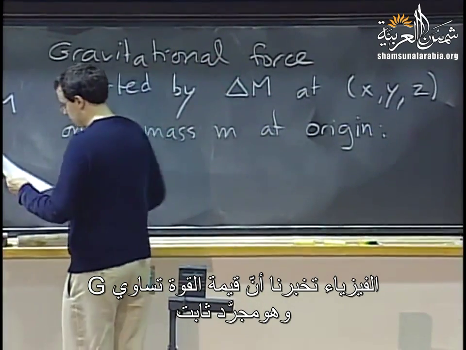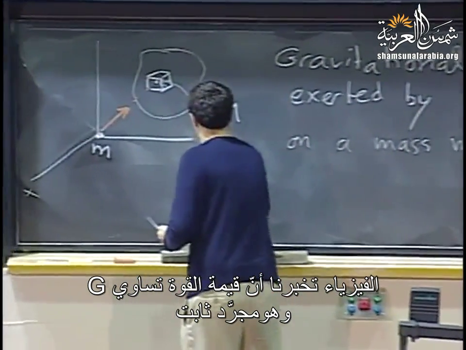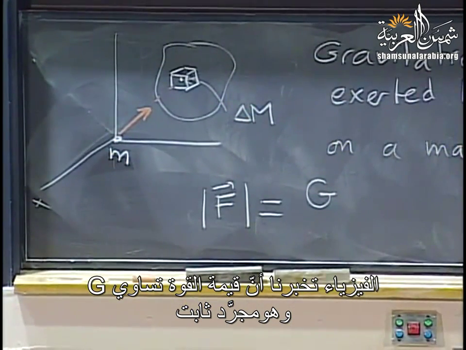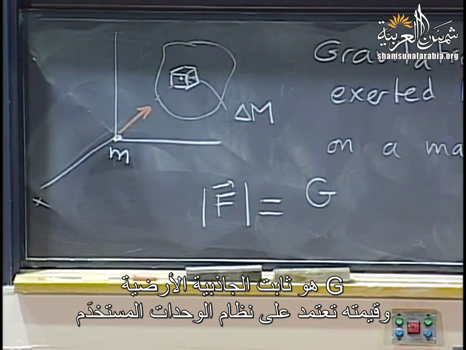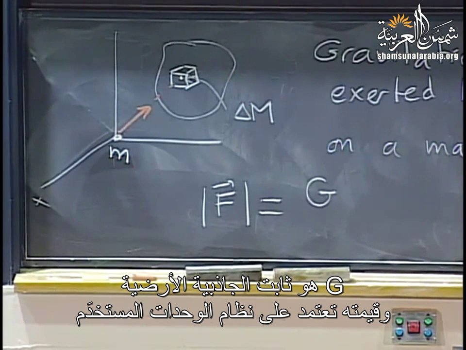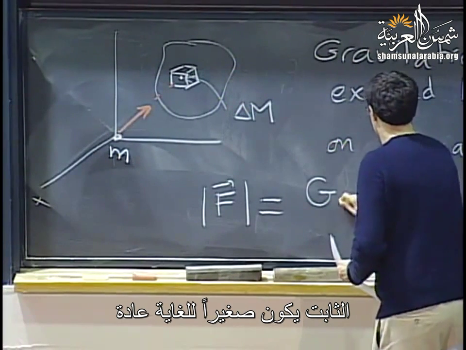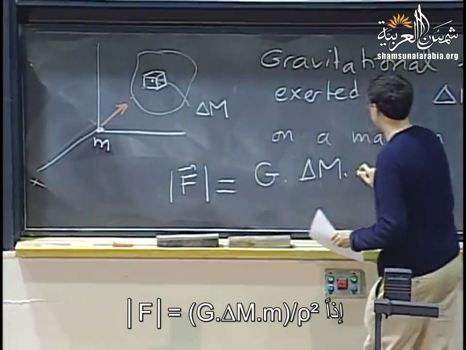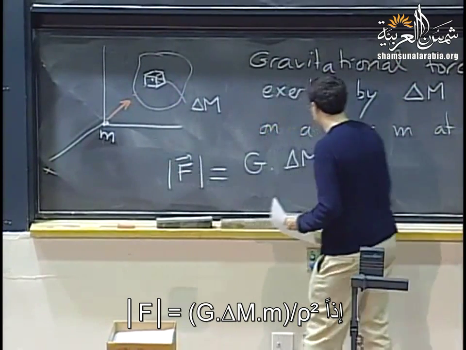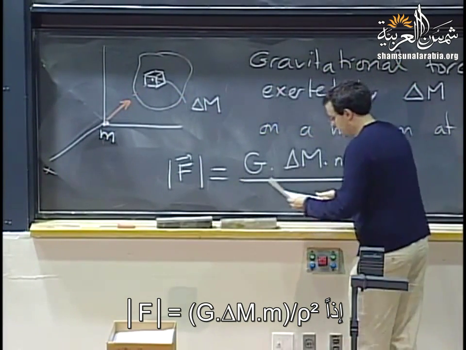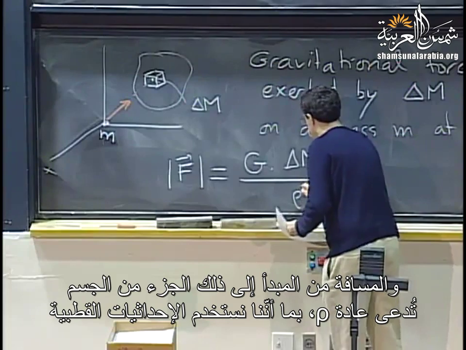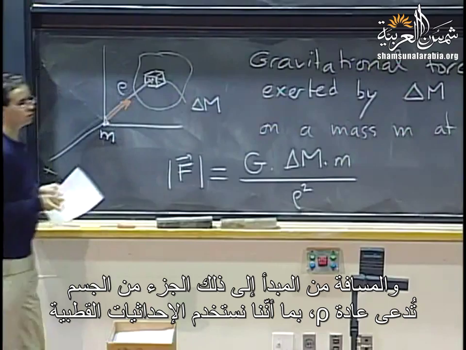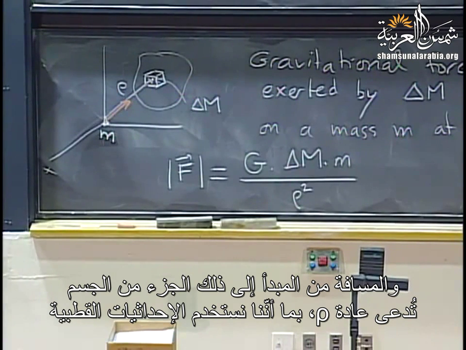Physics tells us that the magnitude of this force is going to be, well, G is just a constant. It's the gravitational constant, and its value depends on which unit system you use. Usually it's pretty small. Times the mass delta m times the test mass little m divided by the square of the distance. And the distance from you to that thing is conveniently called rho, since we've been introducing spherical coordinates.